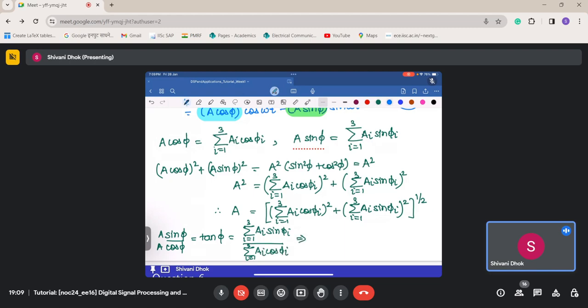So this implies that phi is equal to tan inverse of summation i equal to 1 to 3 of Ai sin phi i upon summation i equal to 1 to 3 of Ai cos phi i. So these are the two things that we had to find out, one was A and one was phi. Any questions?